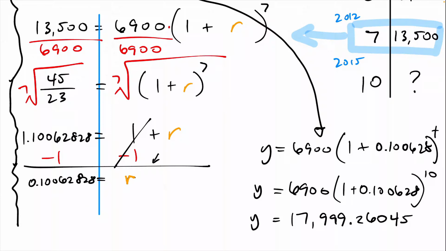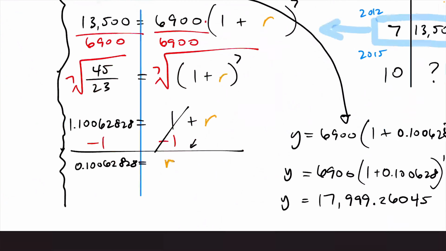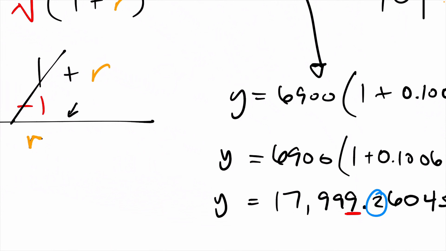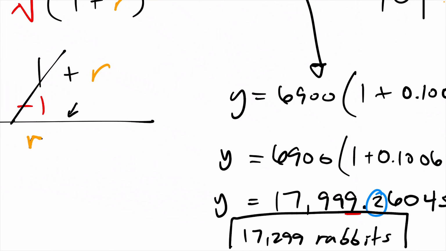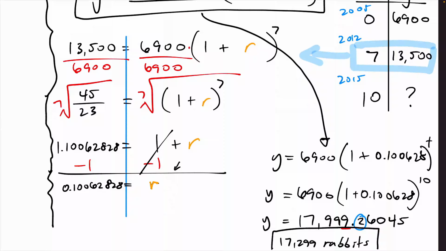So we have to round to the nearest whole number. The nearest whole number is this 9 right here. That 2 says stay. So you have 17,999 rabbits in 2015.